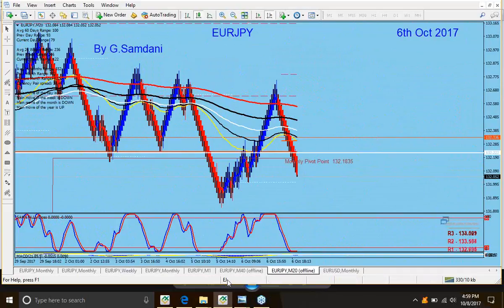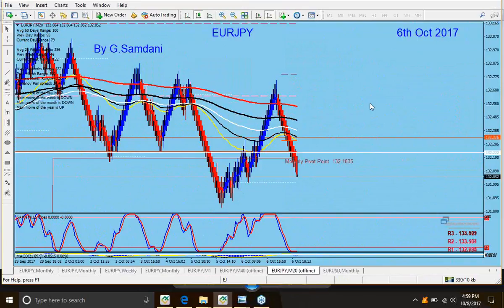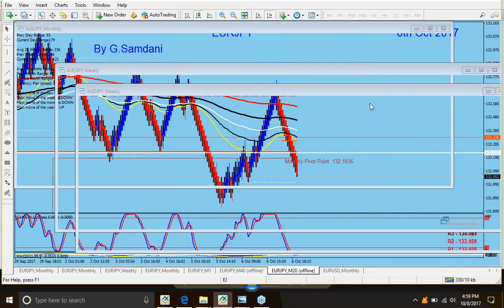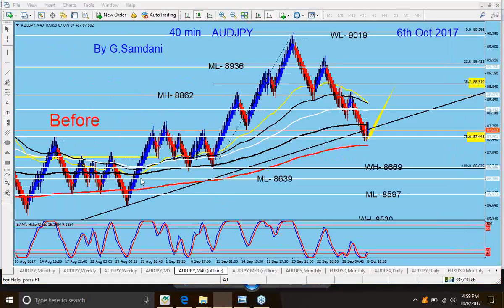Okay, and let's quickly take a look at the euro USD. Aussie yen, I want to show you the Aussie yen chart. Okay, Aussie yen 40-minute chart, it's at the place where it can bounce from here very nicely.